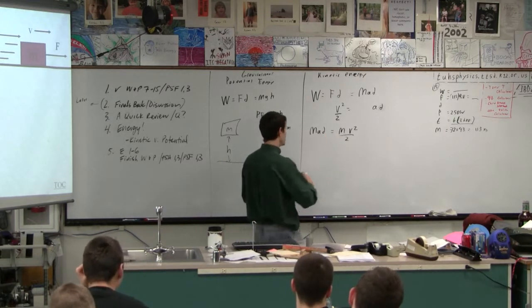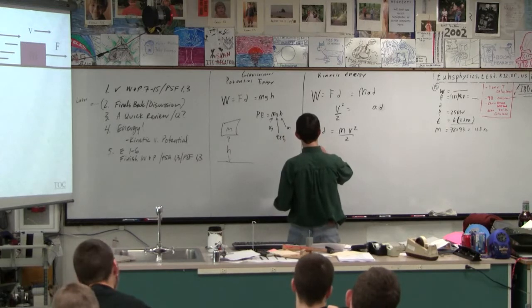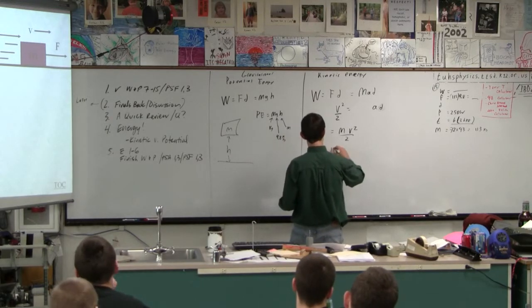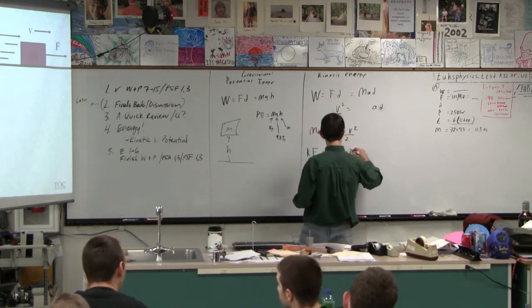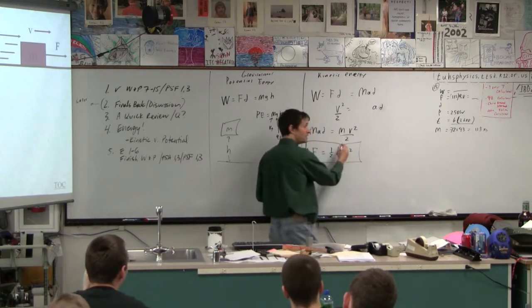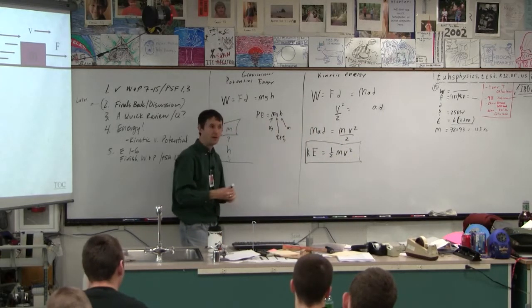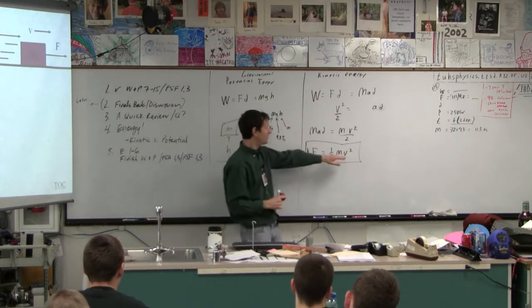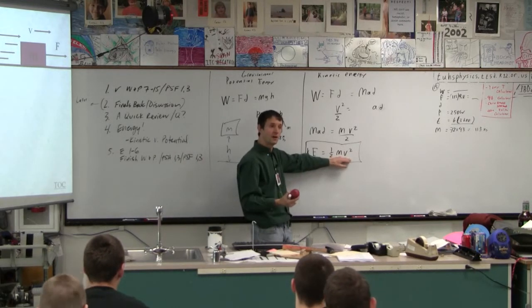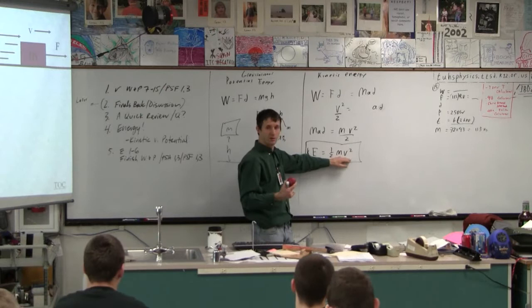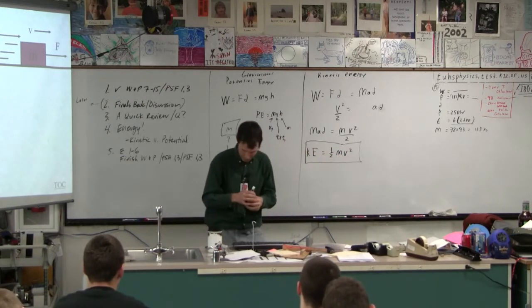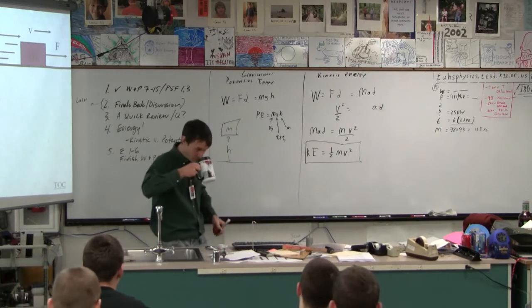Right. So this is how people write it. They write KE equals 1/2 mv squared. You might have seen this in driver's ed. They have this whole thing about how if you double the velocity of the car, you quadruple the destructive ability of the car. You might have seen a graph.